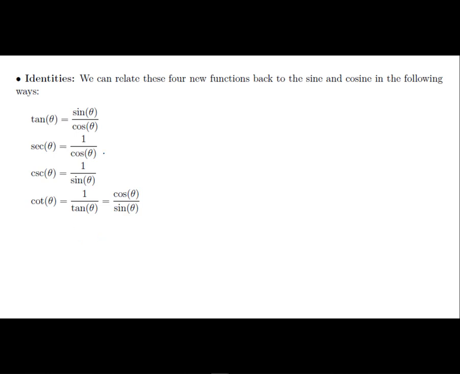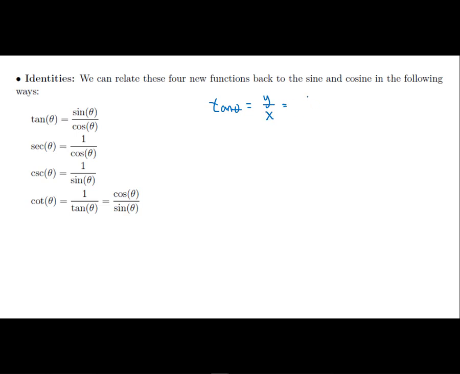Now, what's going to be really useful for us is to understand how these 4 new functions relate to the 2 we've been working with, the sine and the cosine. So the tangent of theta we can think of as just simply the sine of our angle divided by the cosine of our angle. To make sure we understand why this is, on the previous page we defined the tangent to be the quotient of y over x.